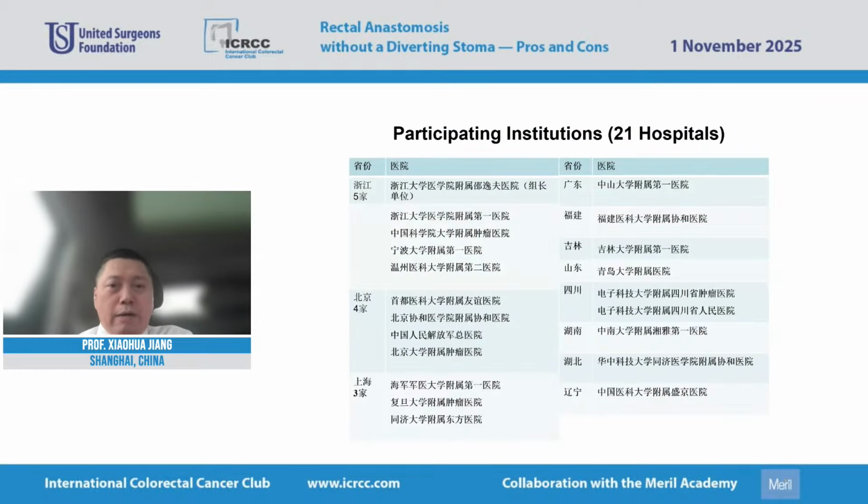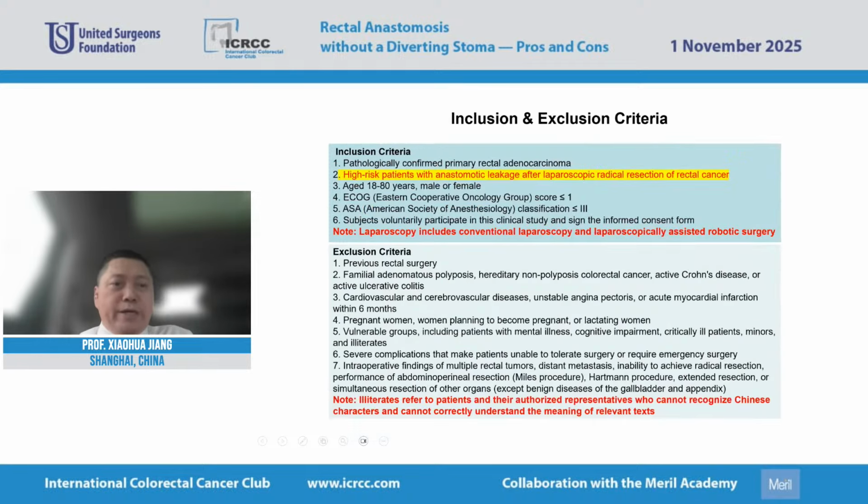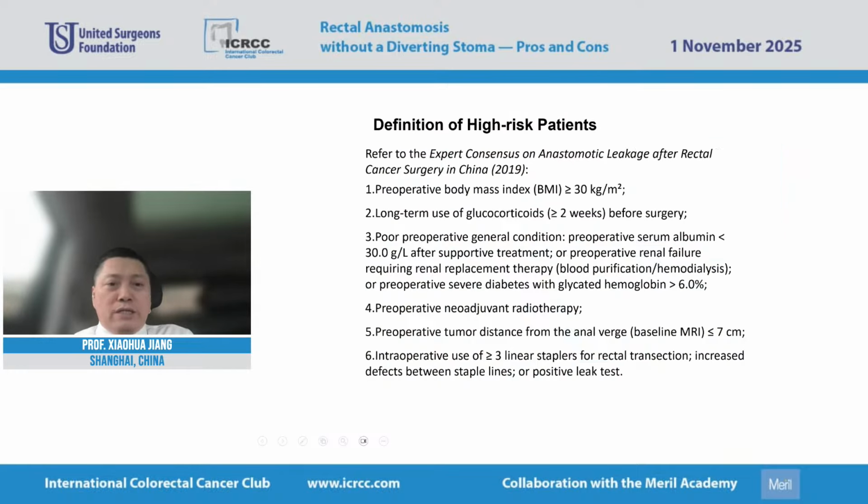Yes, we have 21 centers for this clinical trial, and the inclusion criteria is for lower rectal cancer. The patient has high risk of anastomotic leakage, and we also perform laparoscopic radical resection of rectal cancer. We also have some other exclusion criteria.